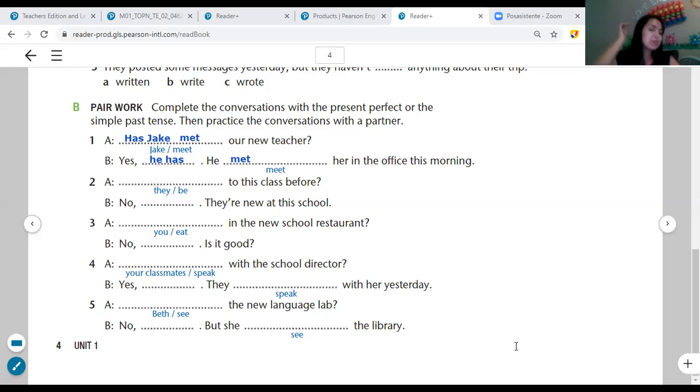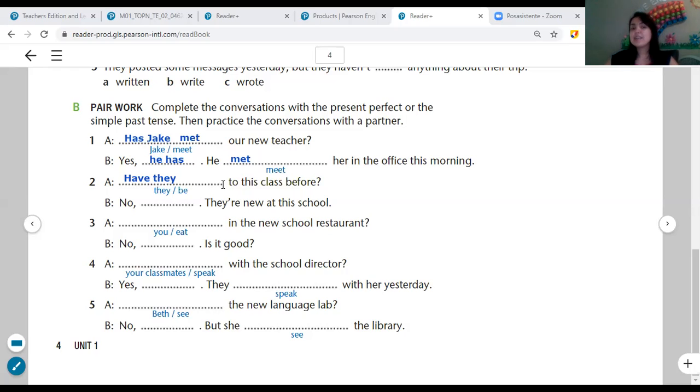Okay, number 2. Anybody has number 2? Present perfect or simple past? Have they, what is the verb?